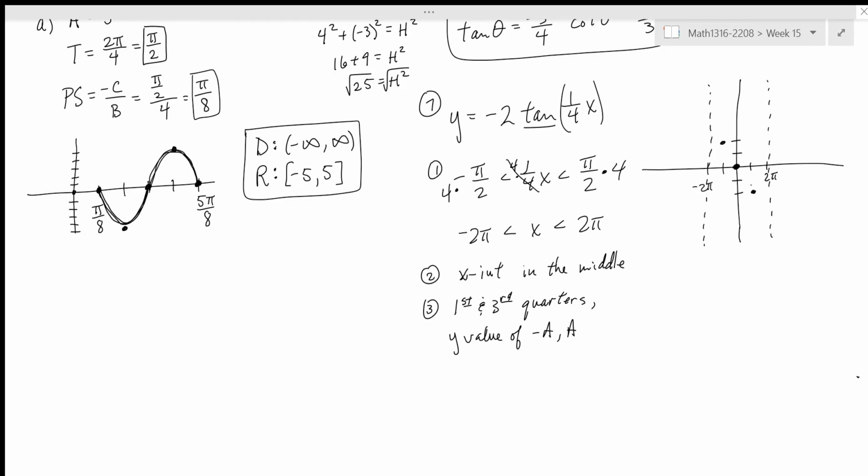So minus a negative actually makes it a plus 2. And then at the third quarter, I would be at positive a, but a is negative. So then at the third quarter, I'm going to be at negative a. And then step number 4, connect the dots.